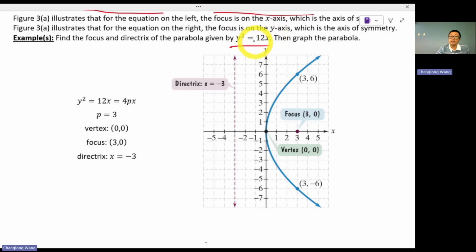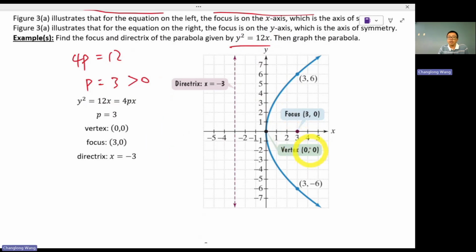Not to mention, it's a rightward opening parabola because the number in front of x, which is 4p, is 12. So p is 3. That means it opens to the right.